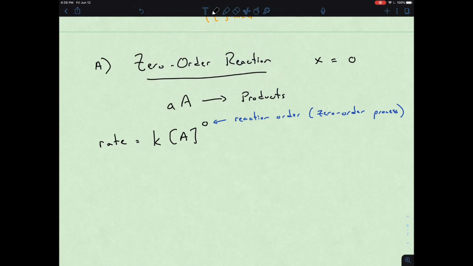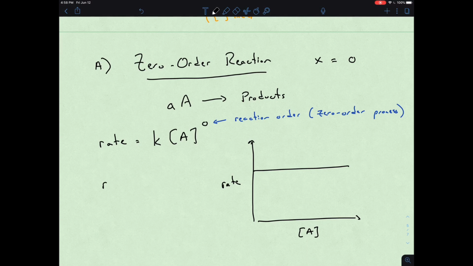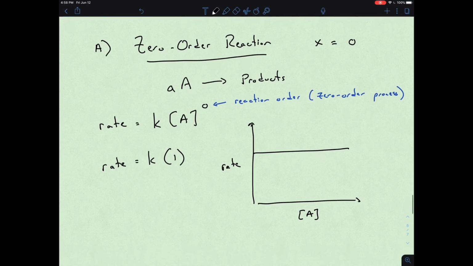If we were to look at a plot of, let's say, rate versus concentration of A, we would basically end up here with a straight line. Because if you think about it, anything raised to the 0 power is 1, so in this case, really k is equal to the rate, so we would expect a flat line.